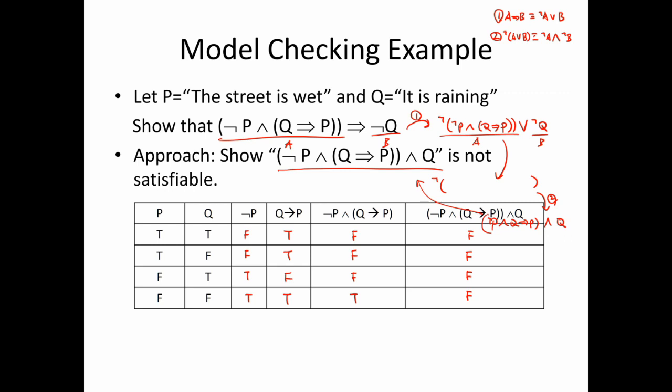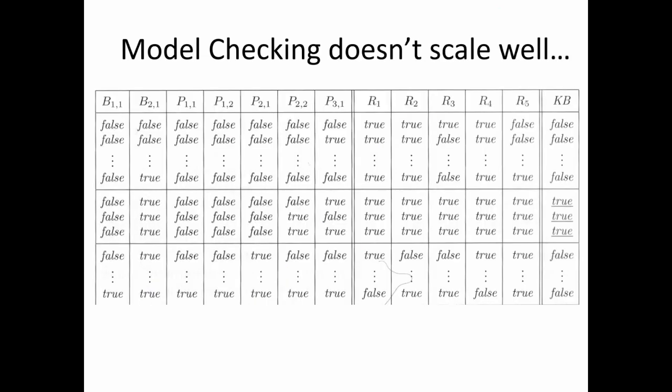The downside is that model checking doesn't scale because you have to check all worlds which involve enumerating the truth values for all the symbols. And typically in real world applications, you have a lot of symbols. So next class, we'll look at something called logical inference, which scales much better than model checking.